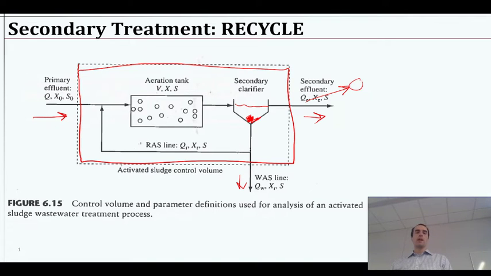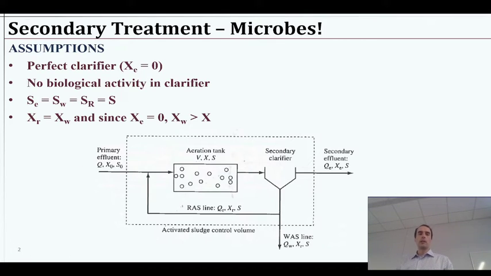We're growing a bunch of bacteria, and then we basically control what happens to the bacteria by this one waste line. So we'll see by the end of the lecture today, with this waste-activated sludge line, how much of this bacteria sludge we are discharging to a landfill or biosolids processing. That really controls a lot about our system. So we'll see that as we get going.